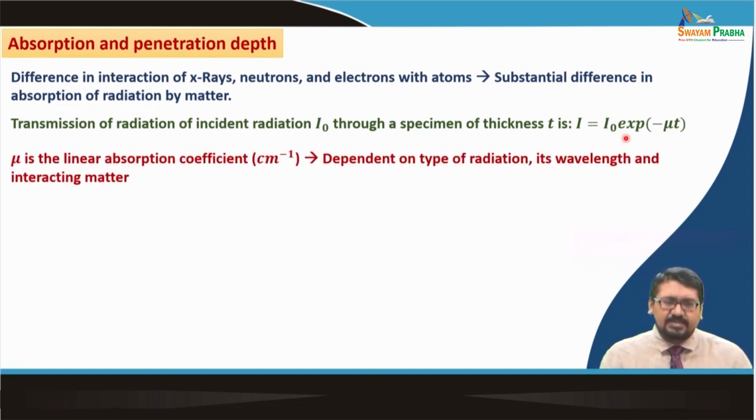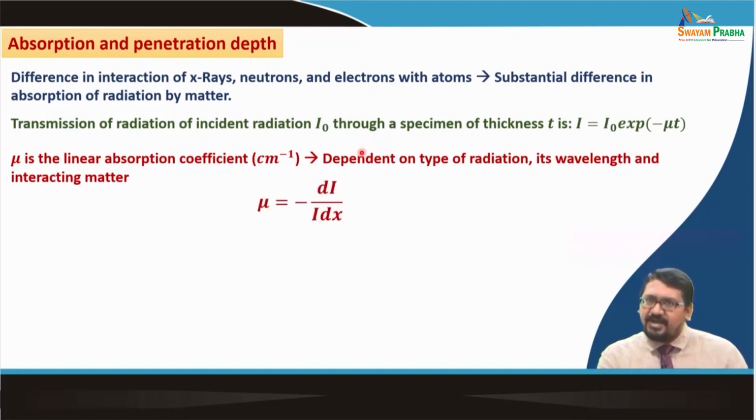Now, you see the linear absorption coefficient has a unit of per centimeter, and depending upon the type of the radiation, its wavelength and its way of interaction with the matter, this linear absorption coefficient varies.